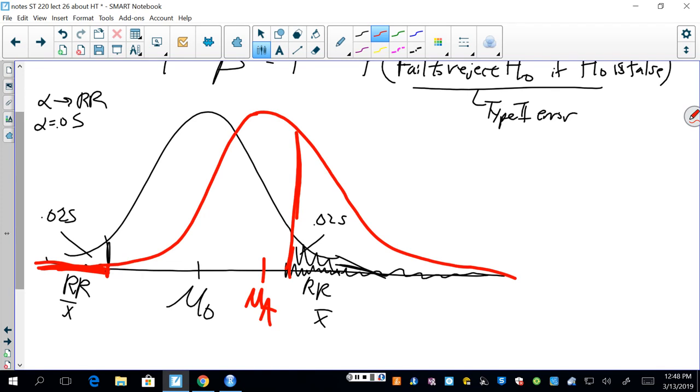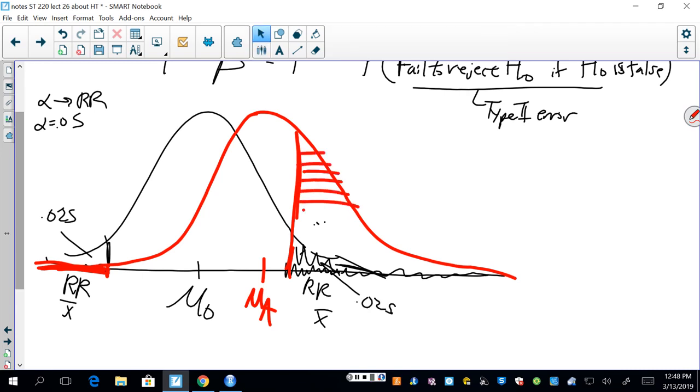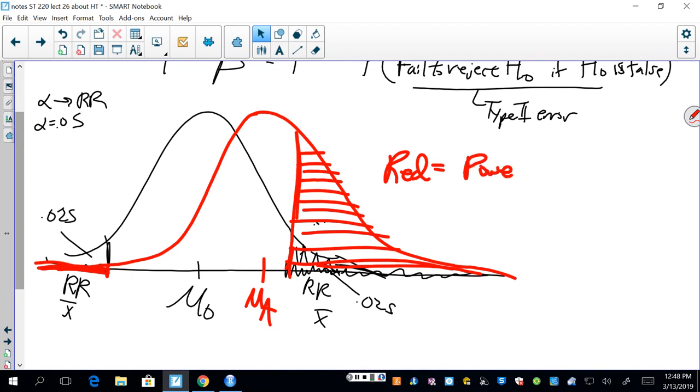I'm going to erase this 0.025 so it can get covered up here. So it's this whole area out here. The red area is equivalent to our power. It's the probability we're in the rejection region under the alternative, and we want that to be as big as possible. 80, 90% would be great.